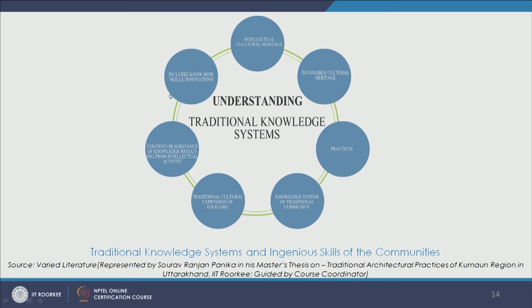Then it is something that includes know-how, skills and innovations. So these are different scenarios or realms within which we can situate traditional knowledge systems, and there could be more. This list is not exhaustive. We were just trying to understand an overview.